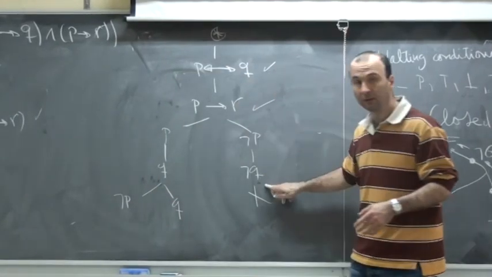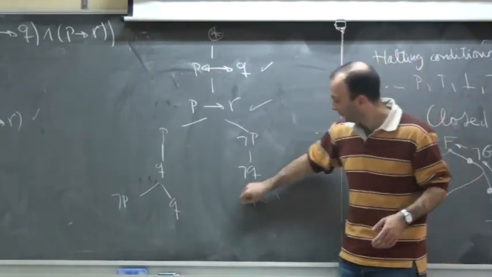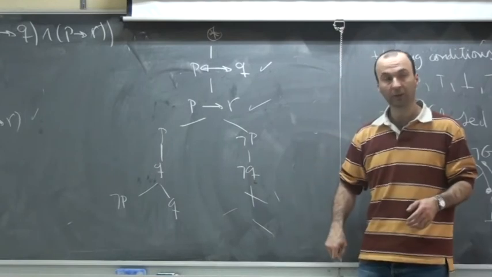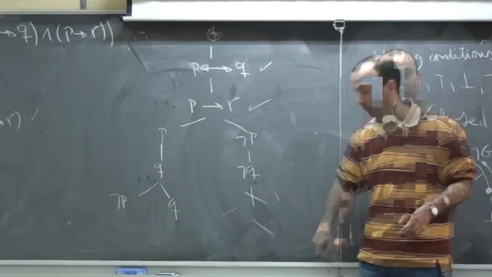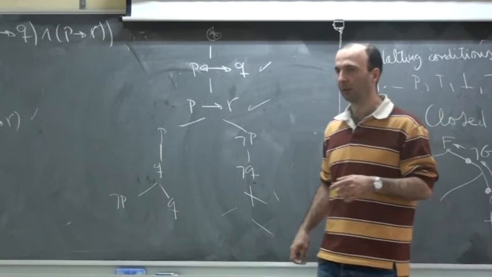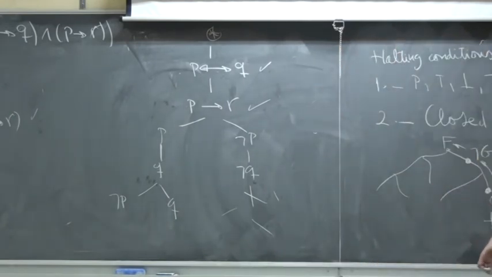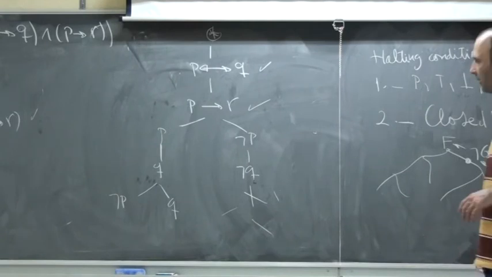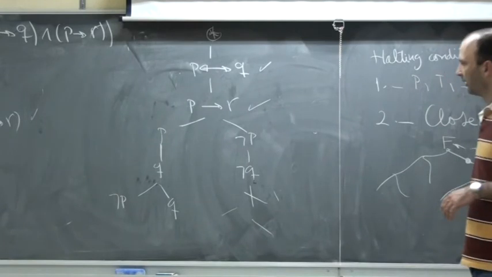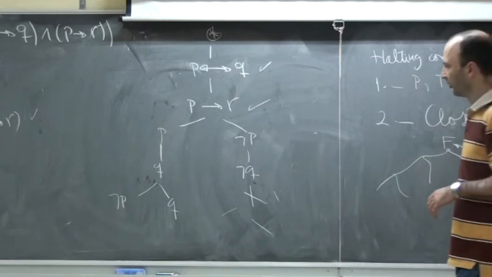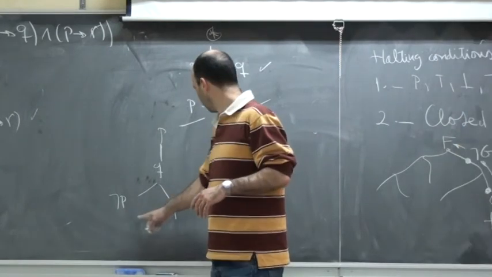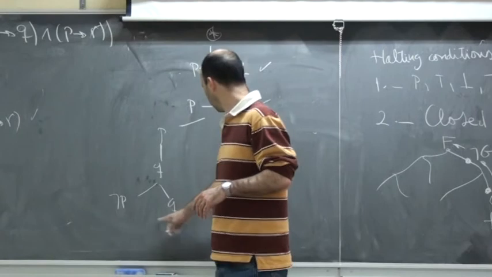But if this one were open, I should just write 2 branches to it, right? That's the thing that people forget all the time. But we'll make around 15 trees here in the class, and at home you should do another 15 in order to get the hang. So here I'm done, this is closed.